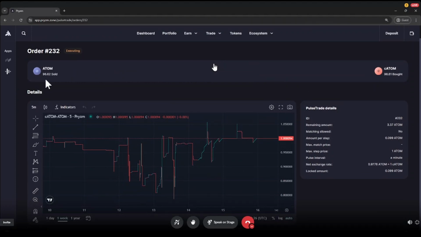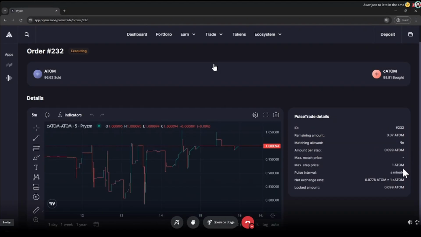A pulse trade got set up that said, sell 100 ATOM for as many cATOM as possible, and do not do a trade if you're getting less than 1 ATOM back per cATOM. It says do these trades every minute. And then this shows you the effective price you got during the pulse trade.